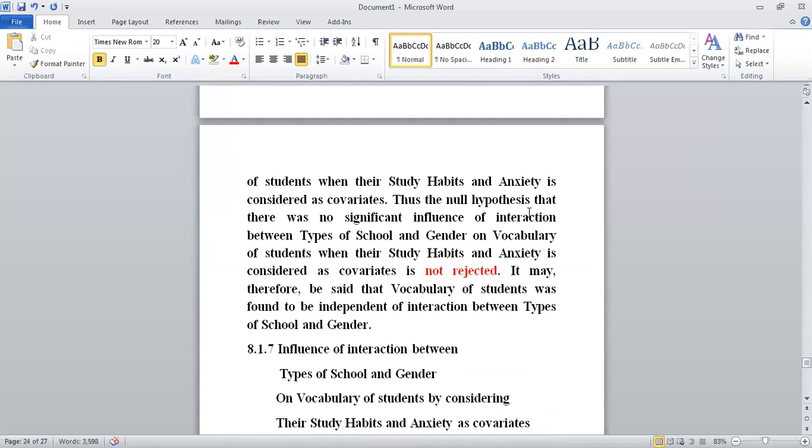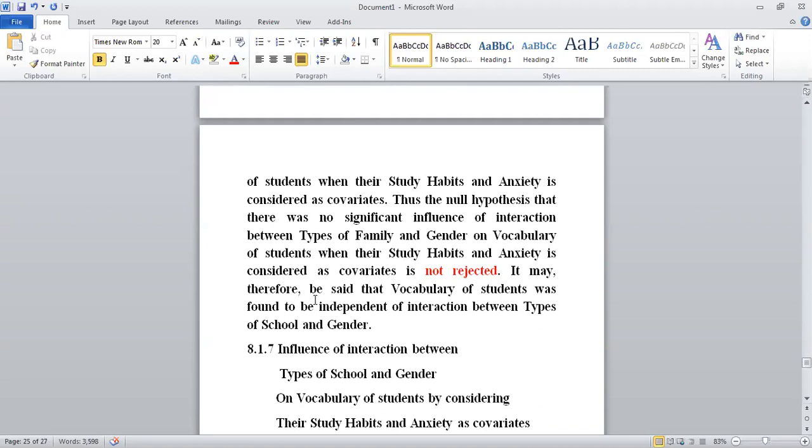Thus, the null hypothesis, there is no significant influence of interaction between types of family and gender on vocabulary of students when their study habits and anxiety is considered as covariate, is not rejected.